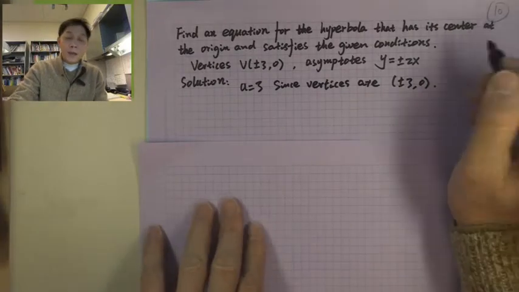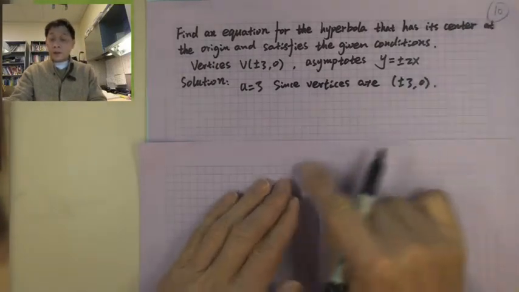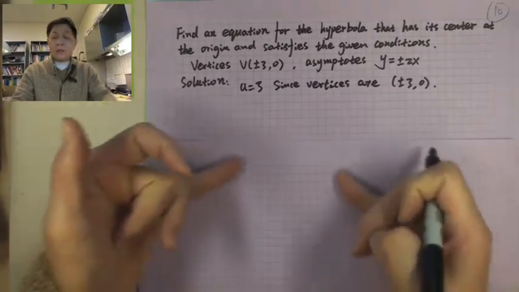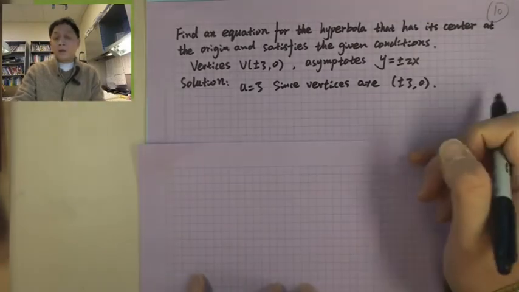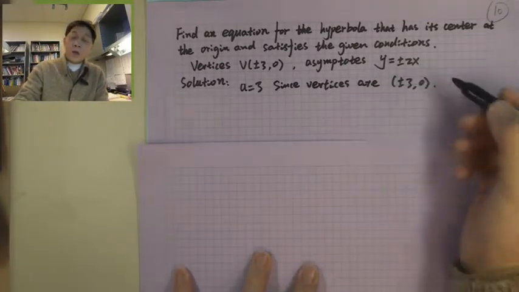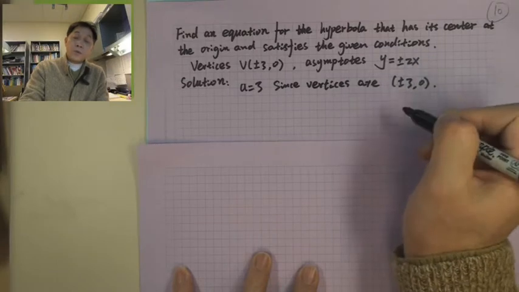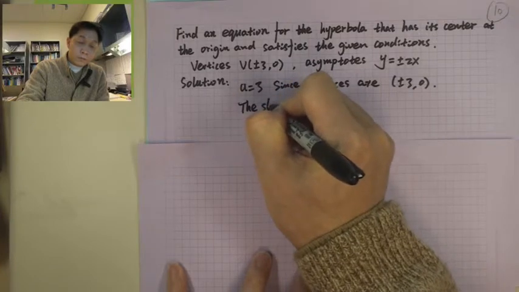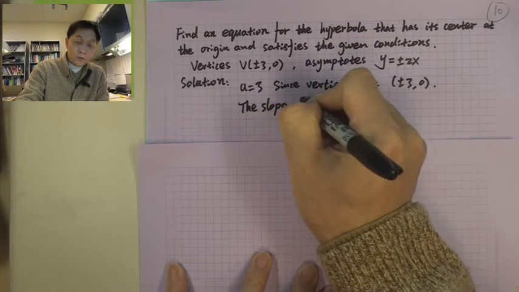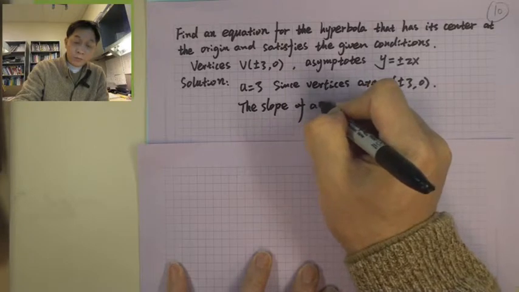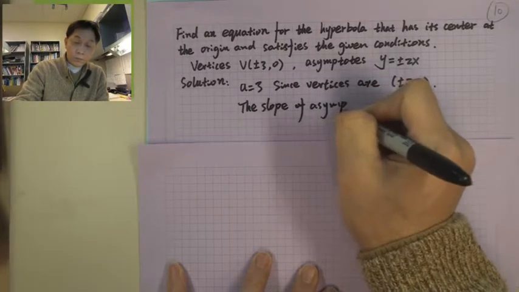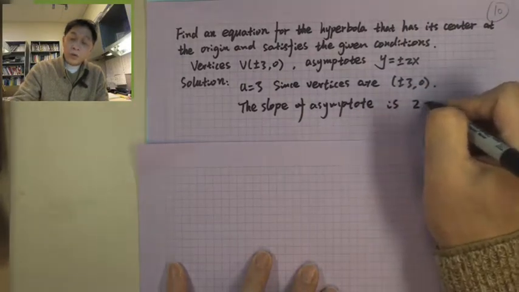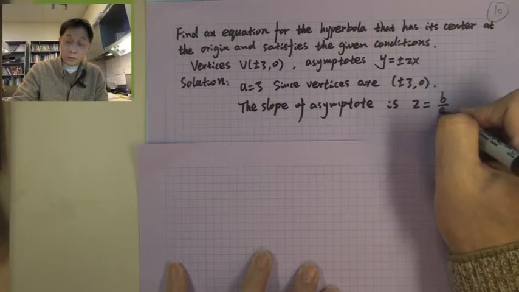Now, these vertices are on the x-axis, so the hyperbola opens in this direction. Then you know the slope of the asymptotes is 2, which equals b over a.